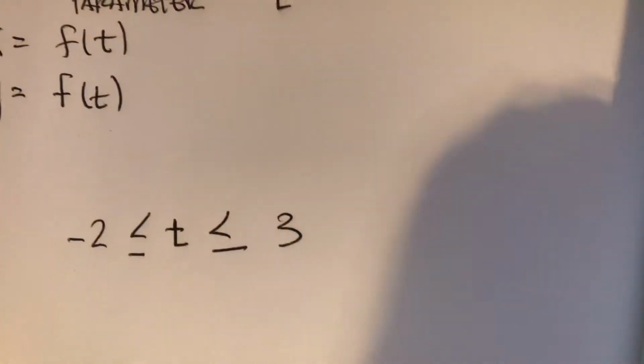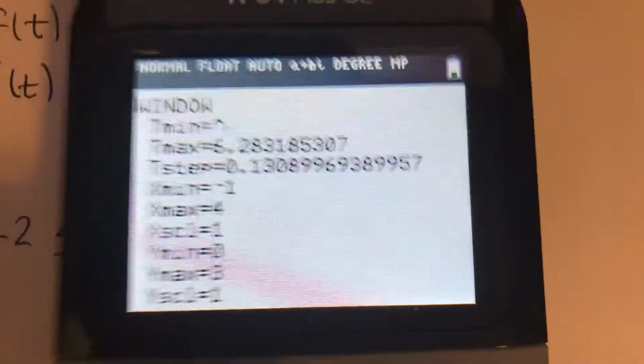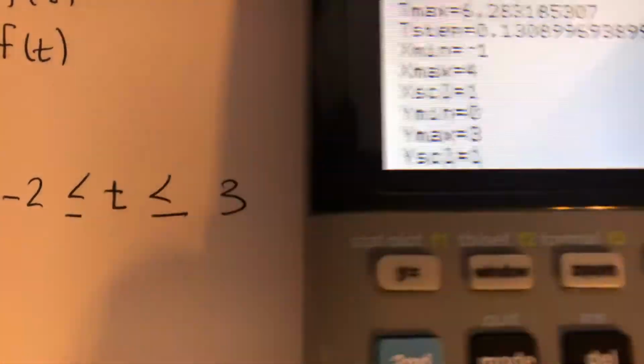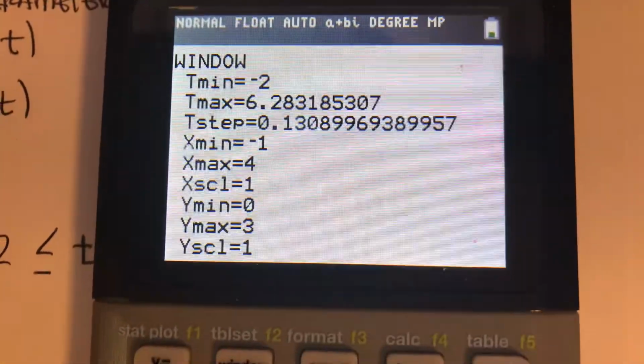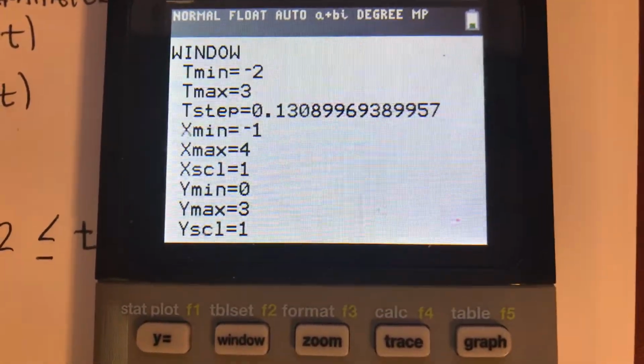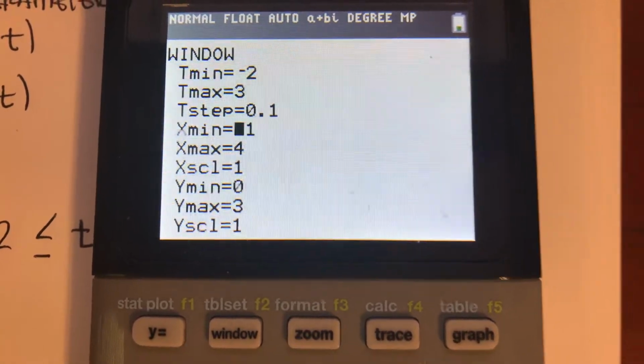Okay, now I need to set up my window. This tells me my t min is -2. My t max is 3. My t step, I just usually make a fairly small number; 0.1 is reasonable.